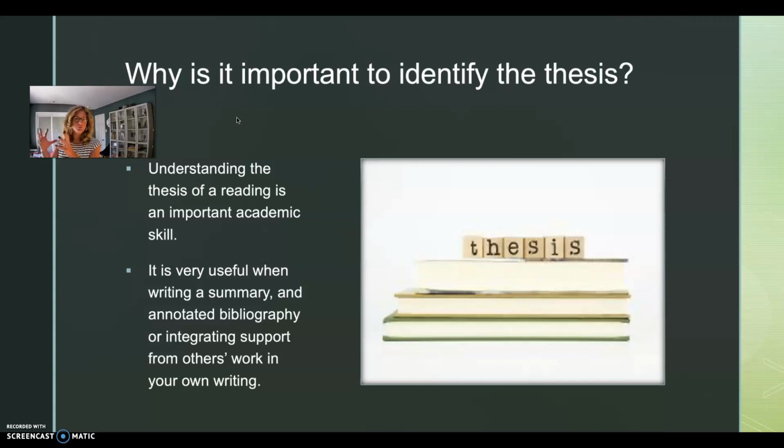So maybe this group of people is arguing for an idea, this group of people is arguing somewhat for it, but with a different amendment. And you will find as you go through your research, you're going to find lots of different opinions on the same topic.